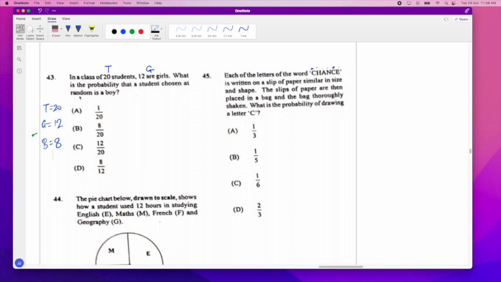So the probability of choosing a boy is the favorable outcome, that is the number of boys, over the total possible outcomes. And so that would be 8 boys over the 20 students. They didn't even reduce it.